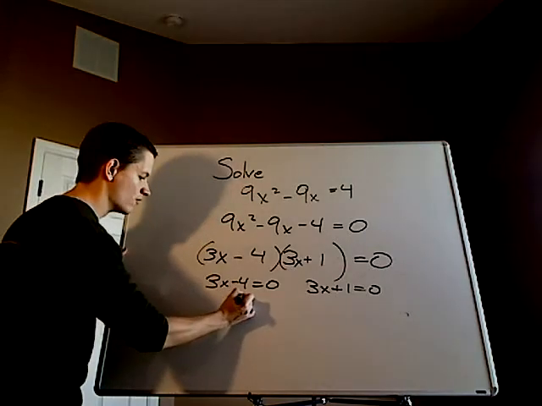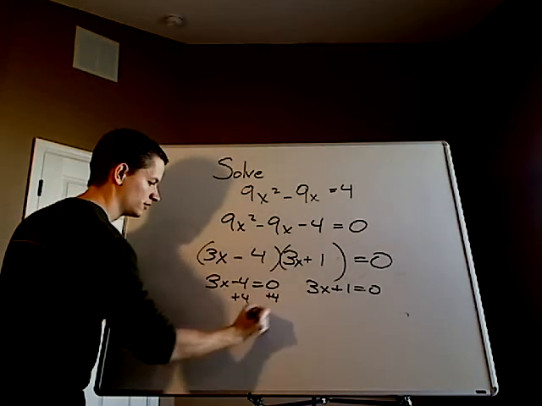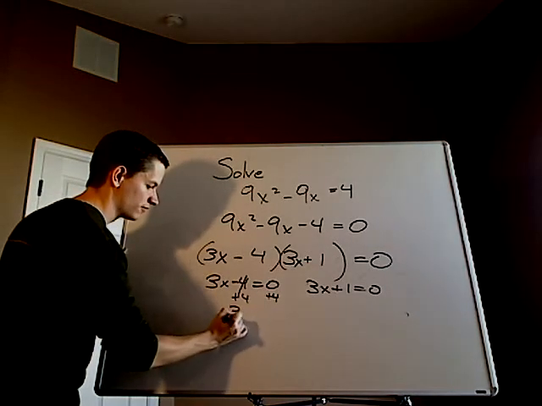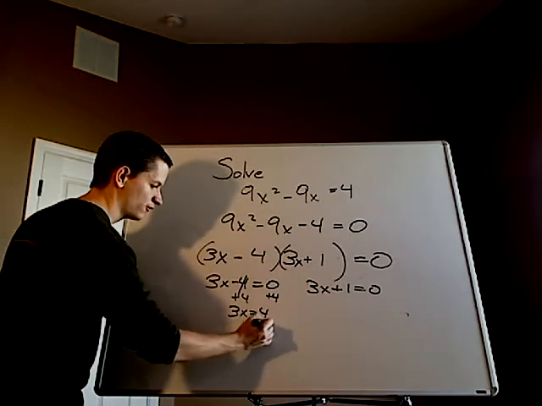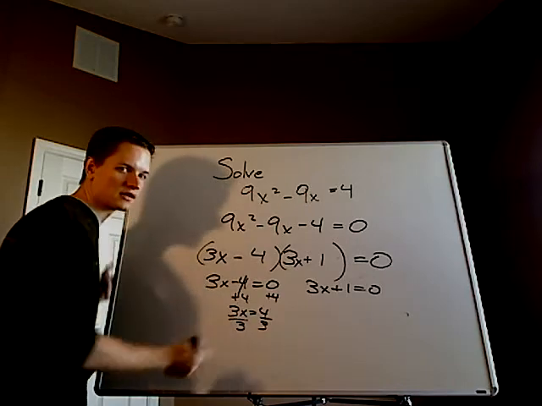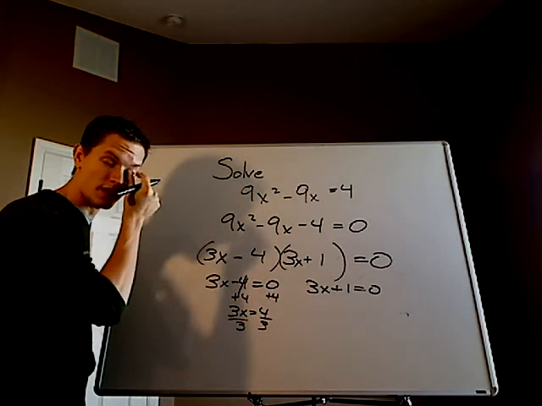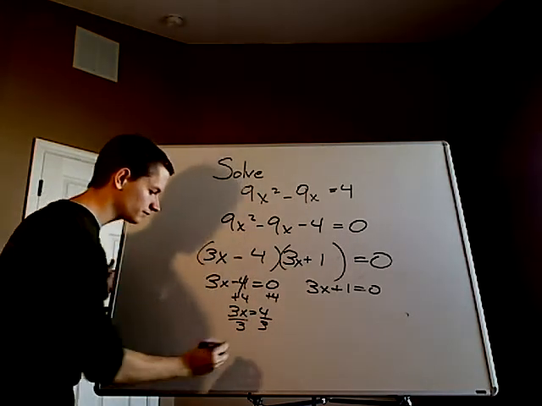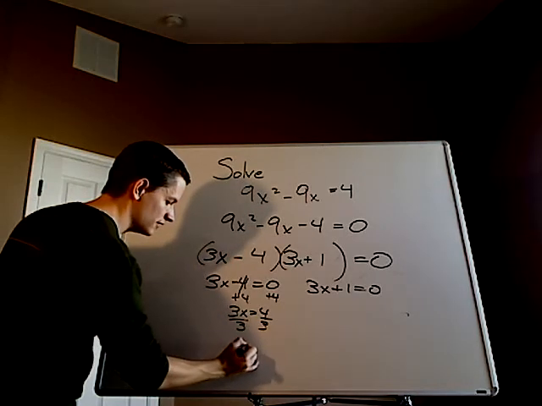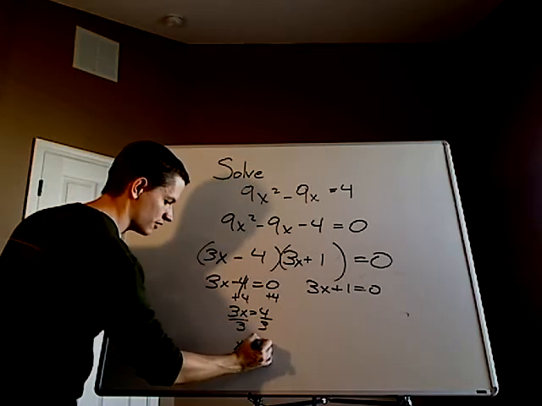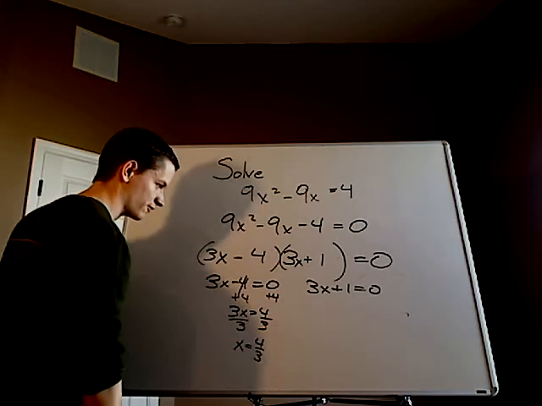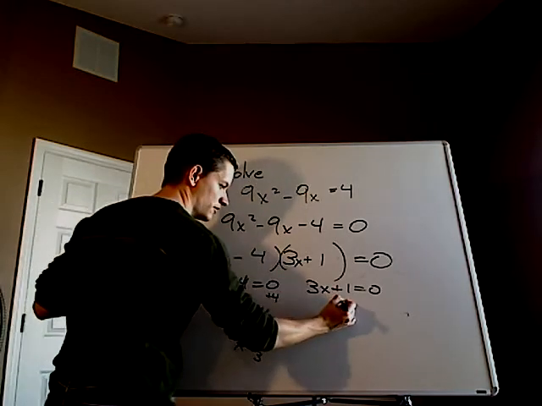So I'm going to add 4 to each side. This cancels, so you have 3x equals 4. You divide both sides by 3 because the 3 and the x, when they're right next to each other, are multiplying. So you just simply do the opposite, and the opposite of multiplication is division. So x equals 4/3.